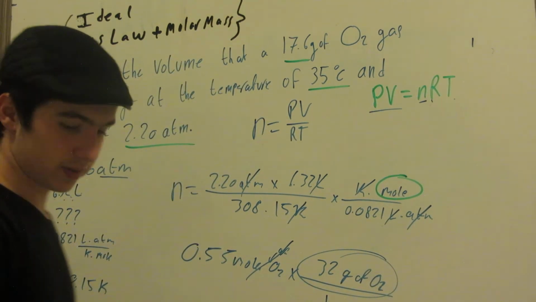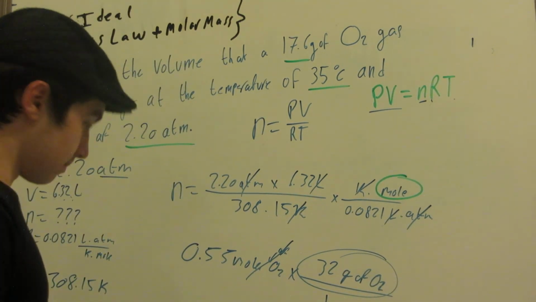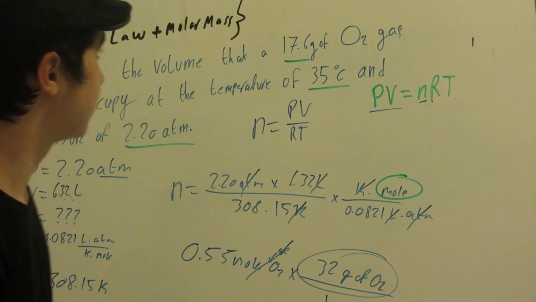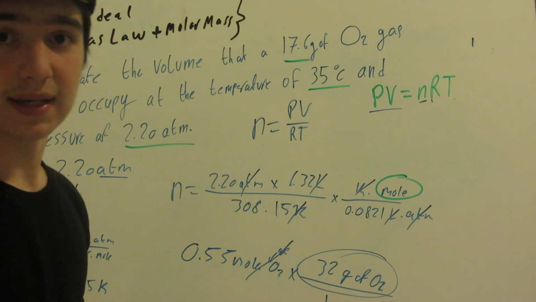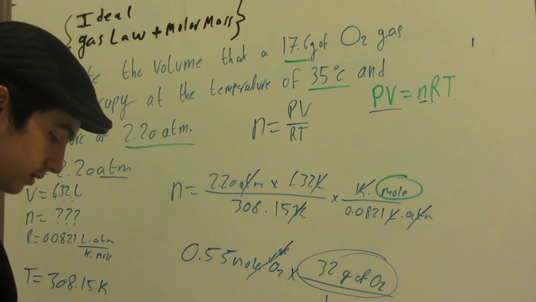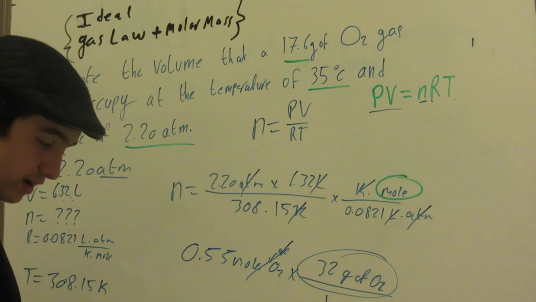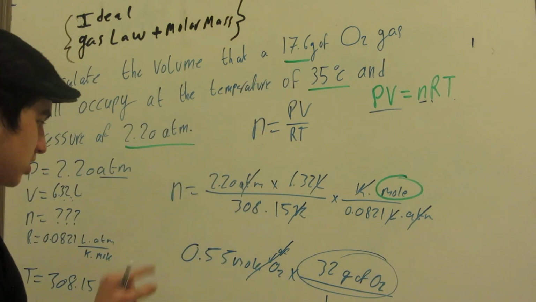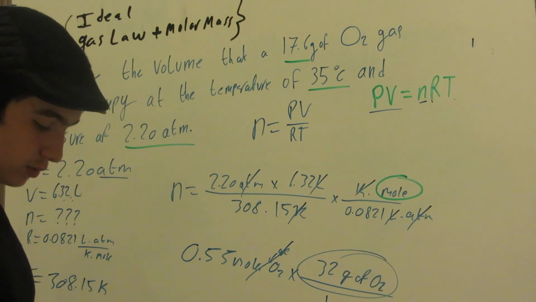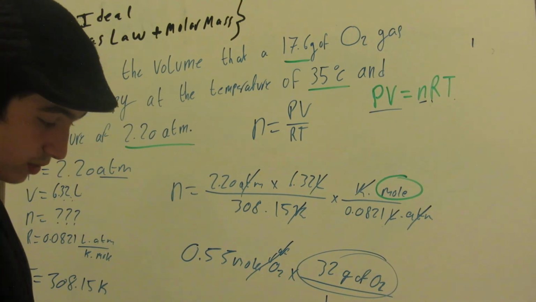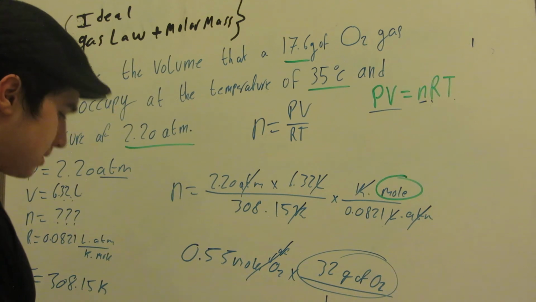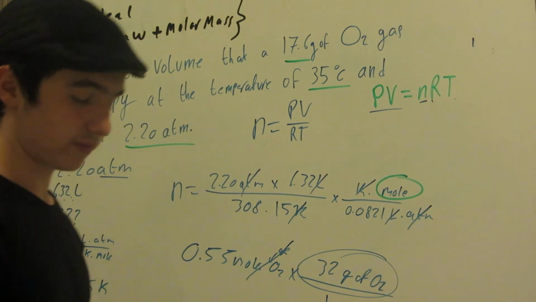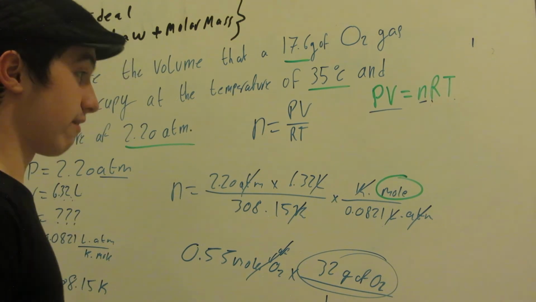So we multiply 0.55 by 32. We're going to get the answer of 17.58. Of course, if I just do 32 multiplied by 0.55, we're going to get exactly 17.6. But because we had that small fraction, 0.549, multiplied by 32, we got 17.56. But that's fine.